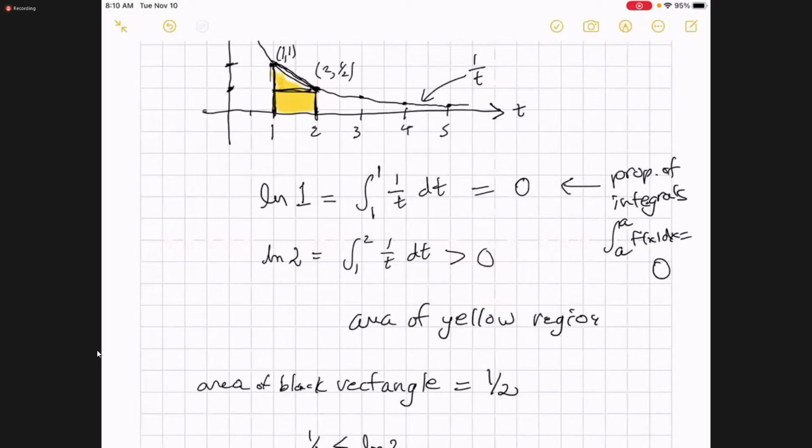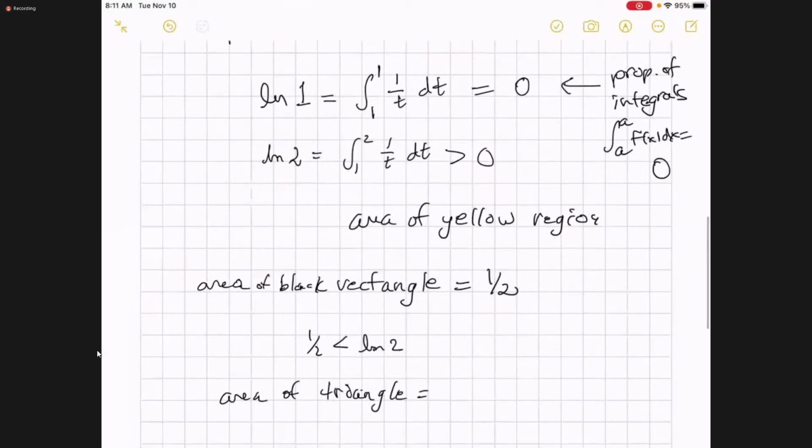So this side has length 1/2, and the base is length 1. So the area of the triangle, 1/2 times base times height, would be 1/2 times 1/2 times 1, which would be 1/4.